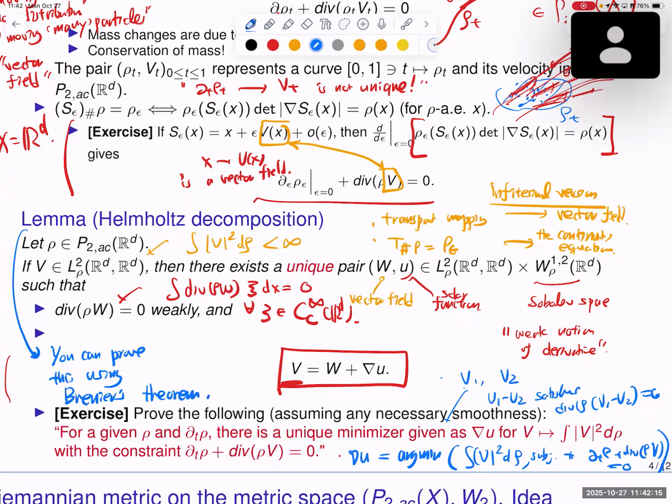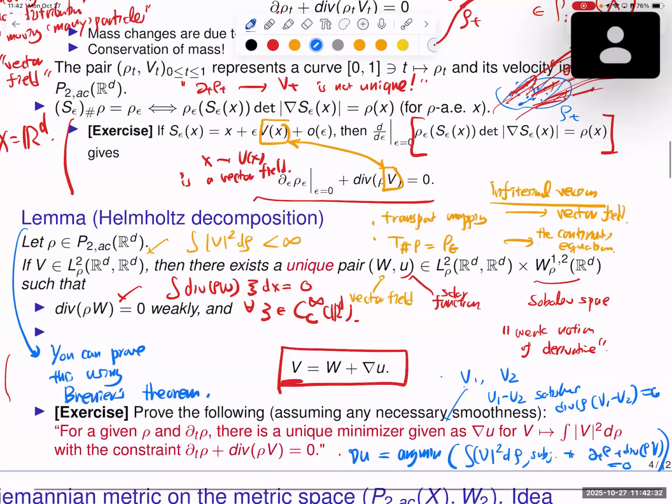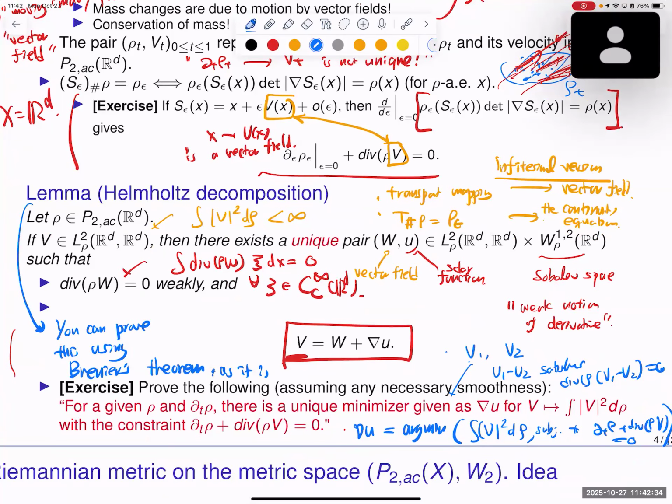In other words, one way to view the Helmholtz decomposition is that it is an infinitesimal version of Brenier's theorem.